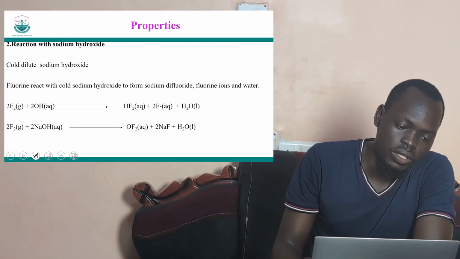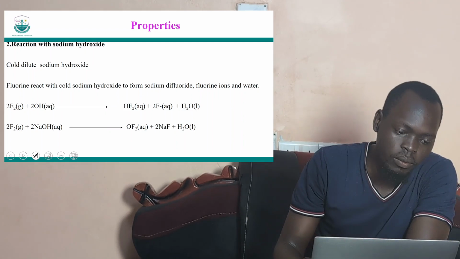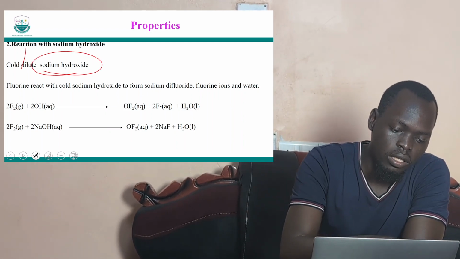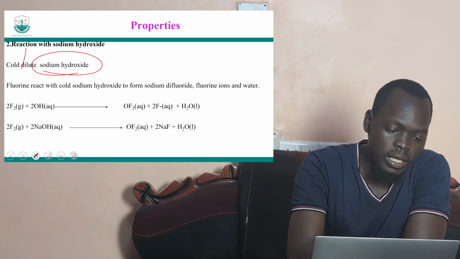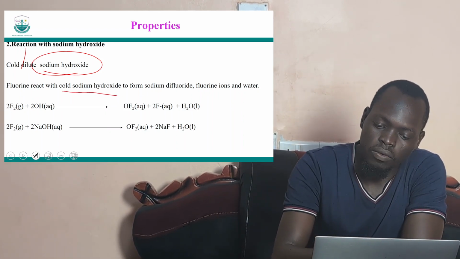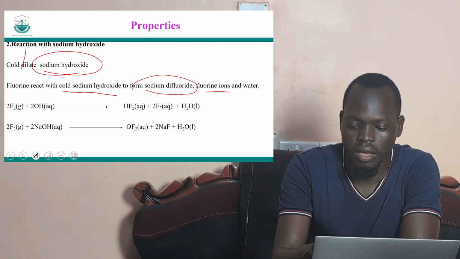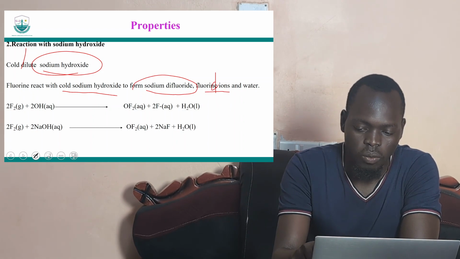Let's look at the reaction with sodium hydroxide. We are studying cold and dilute sodium hydroxide. Basically, fluorine can react with cold sodium hydroxide to form fluoride ions and water.